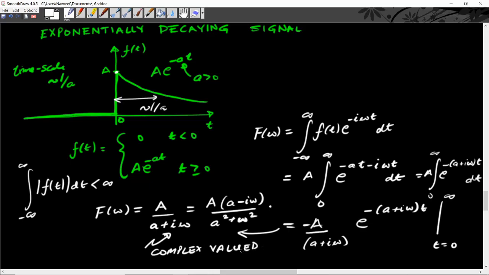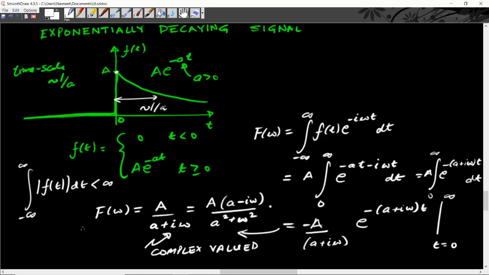In general, Fourier transforms are complex valued, but as we have seen for Fourier series, the Fourier transform is real valued only if we have a real valued function that is also even. So in this particular case, our function is not even, although it is real valued. So we have a complex valued Fourier transform. And we have seen that for a rectangular pulse, the function is again real valued, but also an even function. Therefore, the Fourier transform of a rectangular pulse was real valued.